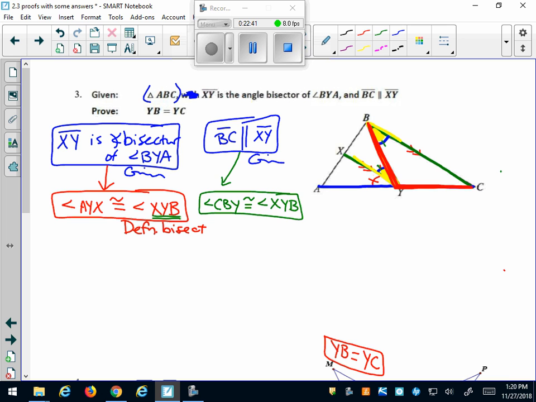Yeah, probably this angle here congruent to this angle here. Now, we can't call that angle B because it's more complicated than that, but this angle and this angle, if we could get those to be congruent to each other, then we could say YB is congruent to YC. So actually, the step before the prove is going to have to be a congruence. And the step before that would be these two angles congruent. Now, this angle we've already named as CBY.